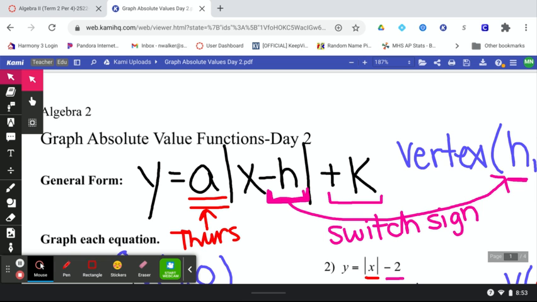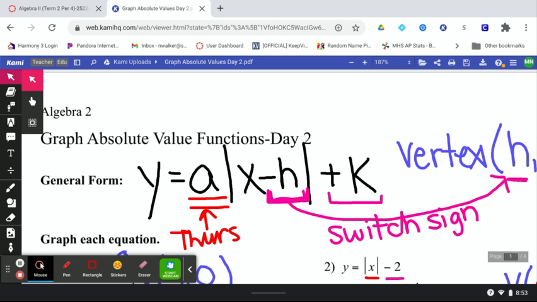Tomorrow we will have A values like 2 where you go up 2 and over 1 each time. We might have negatives where you go down. So tomorrow that A value is kind of like your slope.